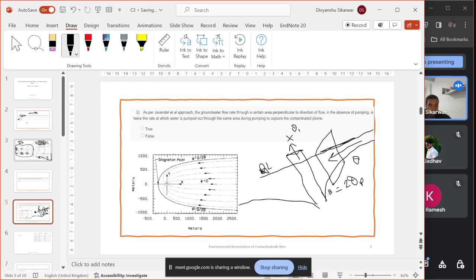If this rate is QP and this is Q, then this Q is two times QP. This question is suggesting this statement.